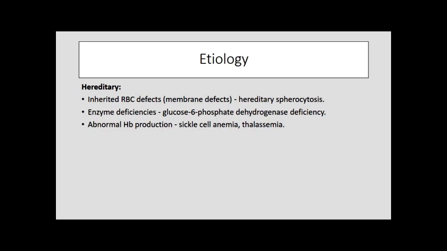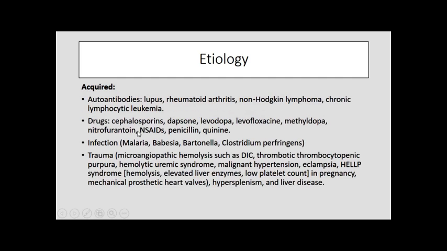Enzyme deficiencies like glucose-6-phosphate dehydrogenase that we mentioned before, and sickle cell anemia and the thalassemias are also examples of diseases that can produce hemolysis as a result of these problems in the hemoglobin. There we have examples of diseases or conditions that can produce hemolysis.